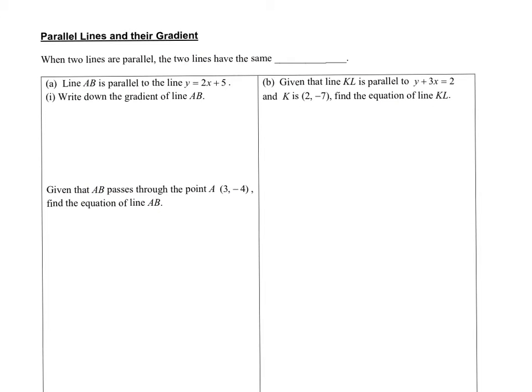Next part of our concept, parallel lines and their gradient. Now when two lines are parallel, what does that mean? That means the slope is the same, right? So if the slope is the same, the two lines will have the same gradient. So if line AB is parallel to this particular line, write down the gradient of AB.